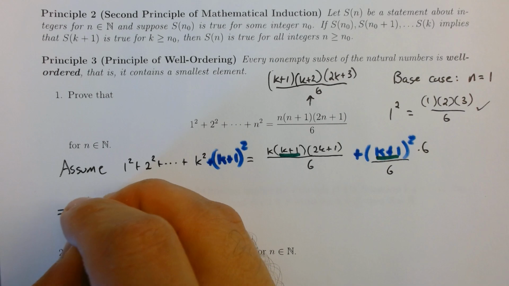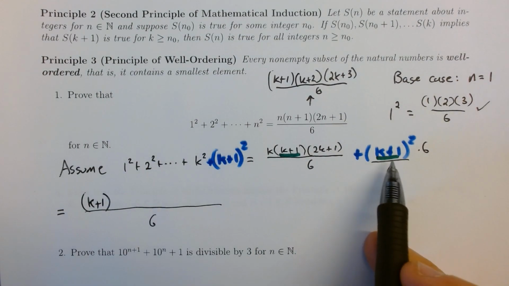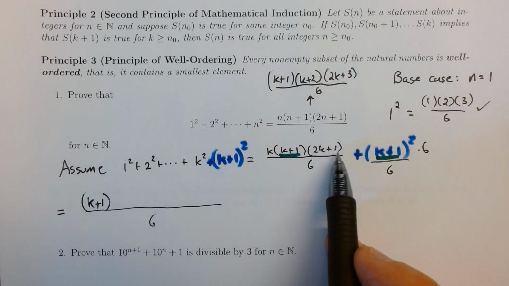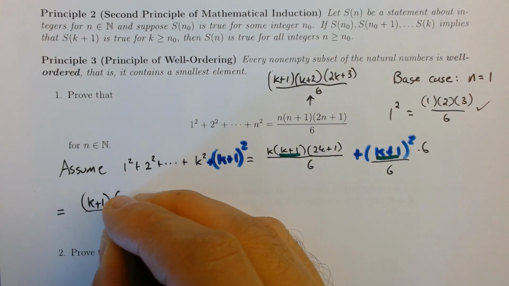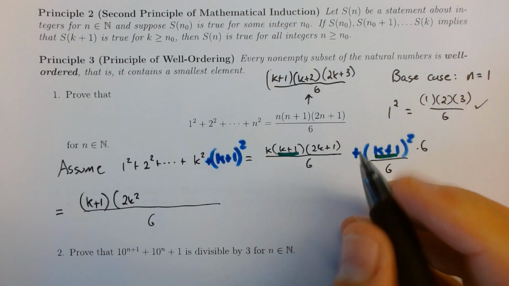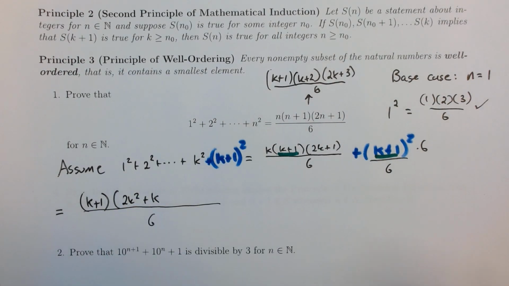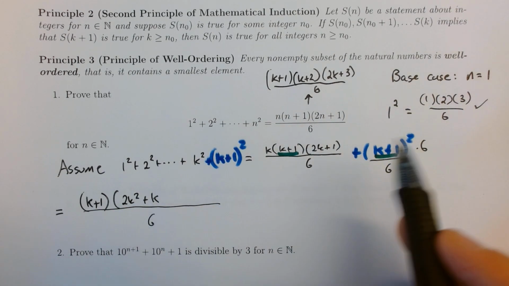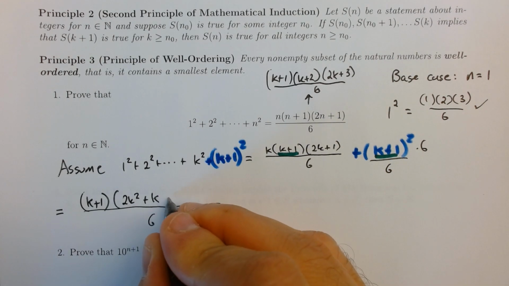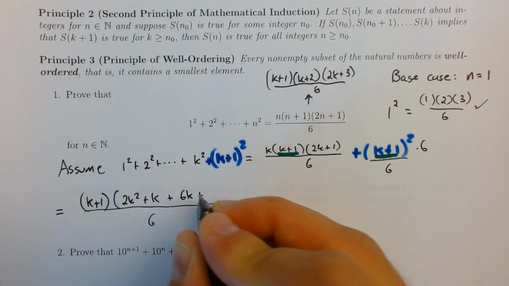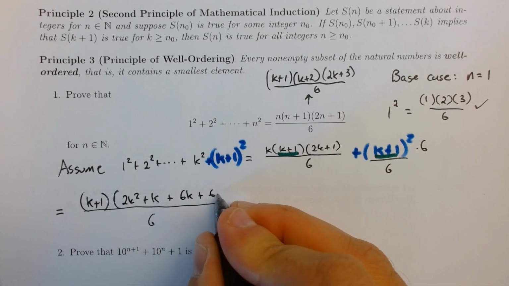So I have a k plus 1. And let's see what's left over. I have k times 2k plus 1. I'll multiply that out. So 2k squared plus k. And here I'm factoring out a k plus 1, so I still have a k plus 1 left over, multiplied by the 6. So I'll multiply that through, so 6k plus 6.